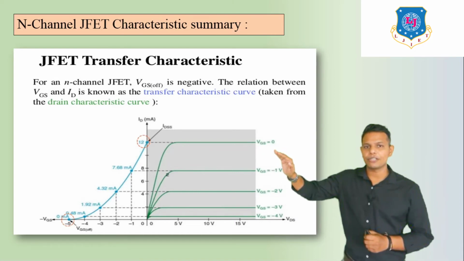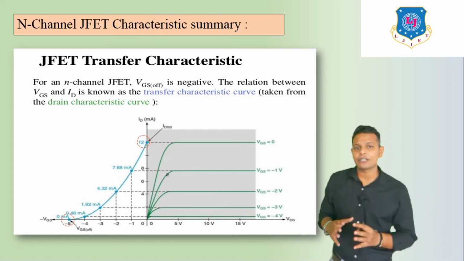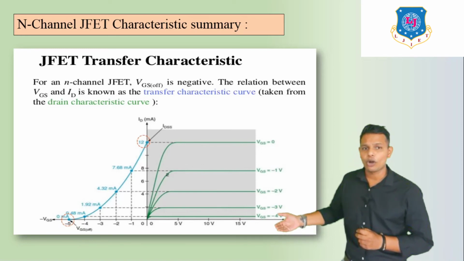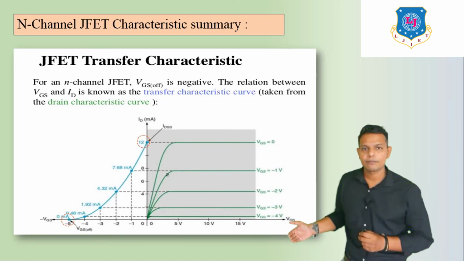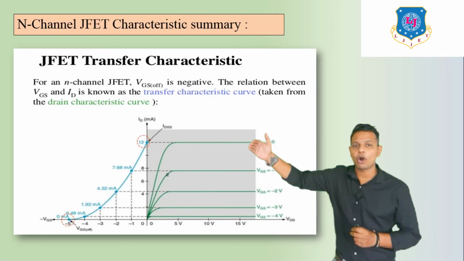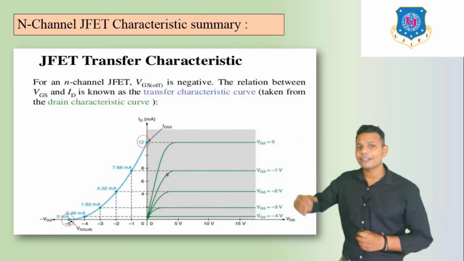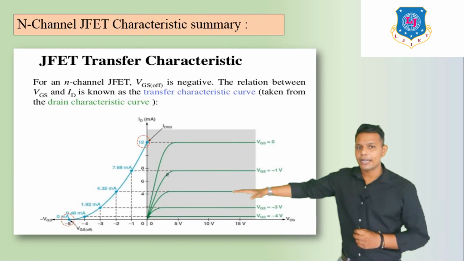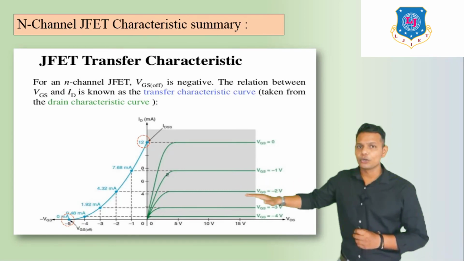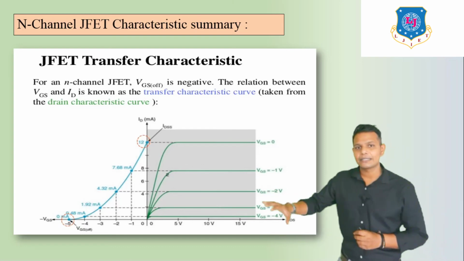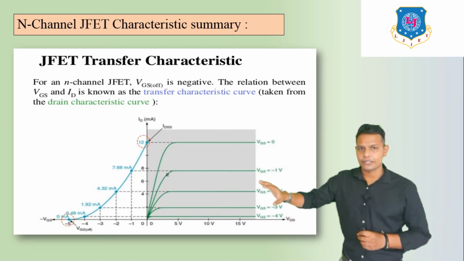We are going to start with VGS equal to 0. First of all, we have to remember this: on the x-axis, we plot different values of VDS, and on the y-axis, values of ID, the drain current. But for transfer characteristics, on the x-axis it should be the values of VGS. So these are the transfer characteristics.